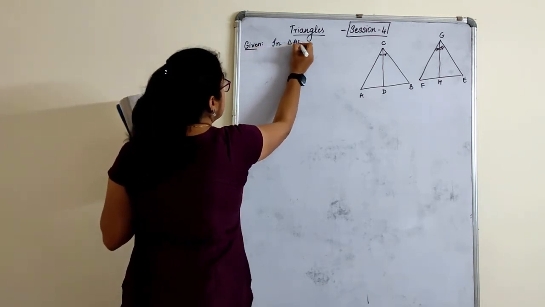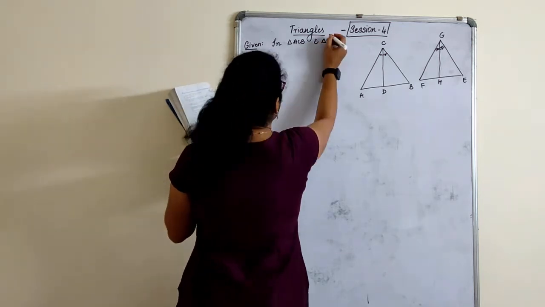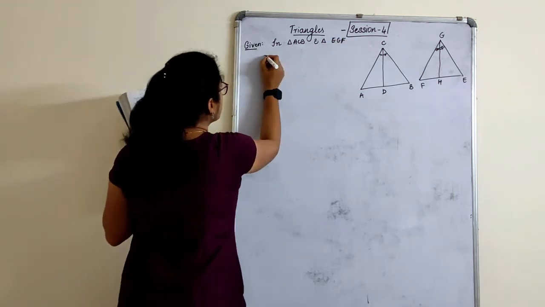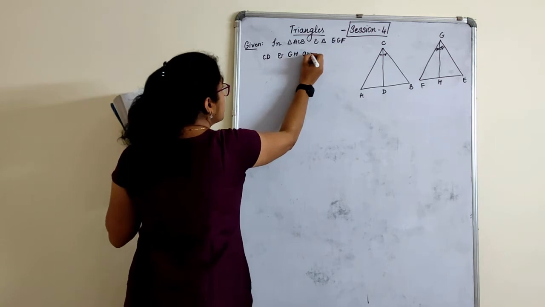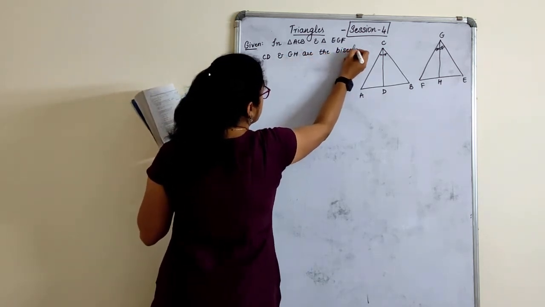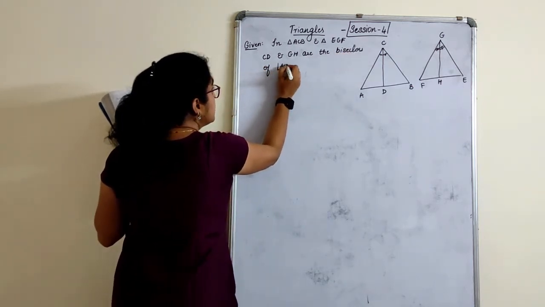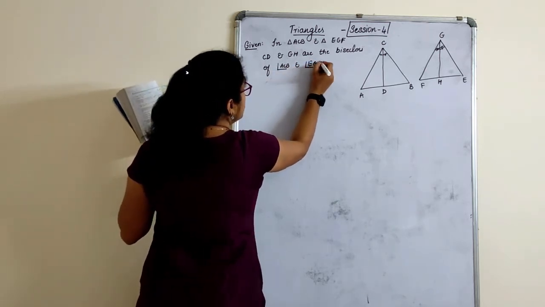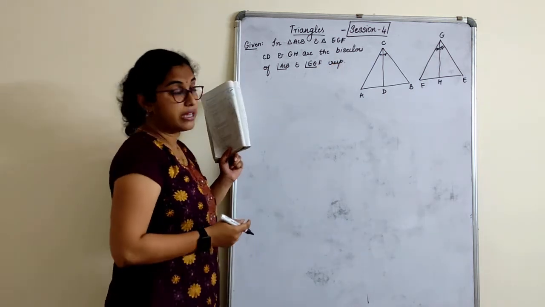In triangle ACB and triangle EGF, CD and GH are the bisectors of angle ACB and angle EGF respectively, therefore those angles are equal.